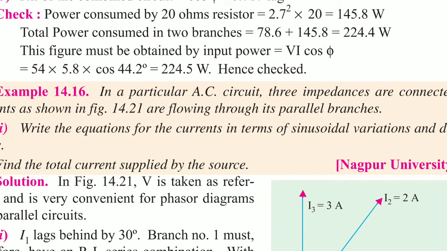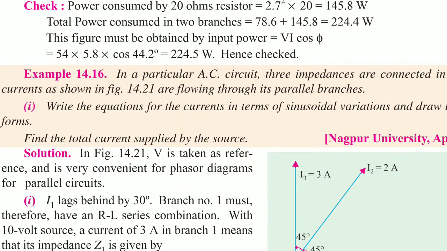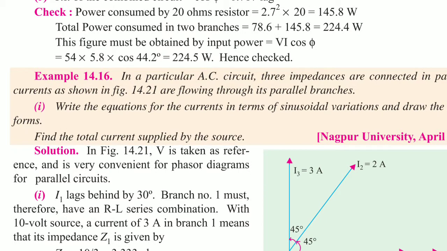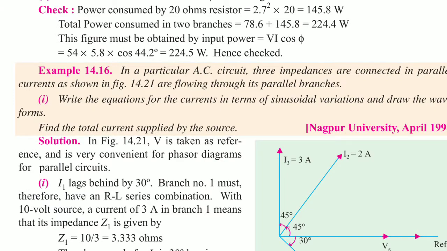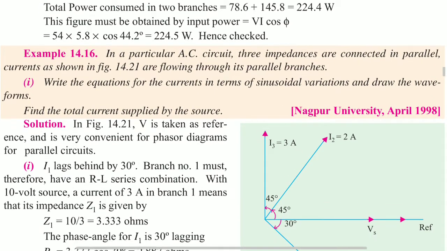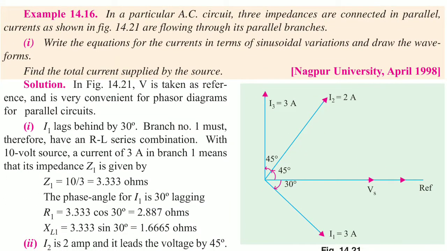So now, another example, 16. In a particular AC circuit, three impedances are connected in parallel.